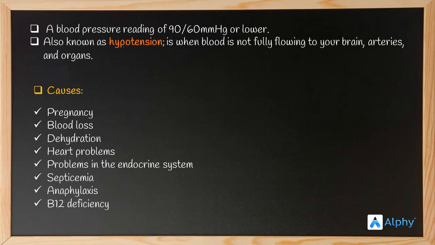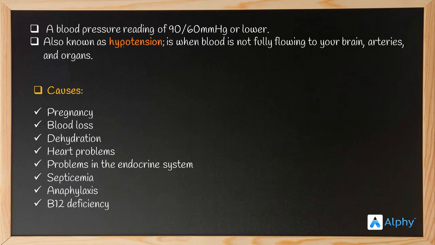Okay, and the meds which are provided for such allergic situations, they can contribute to low blood pressure. Okay, lastly we have septicemia, which means infection in the bloodstream. Okay, we can have bacterial infection in the bloodstream, so that leads to septicemia. So all these are the causes for low blood pressure.